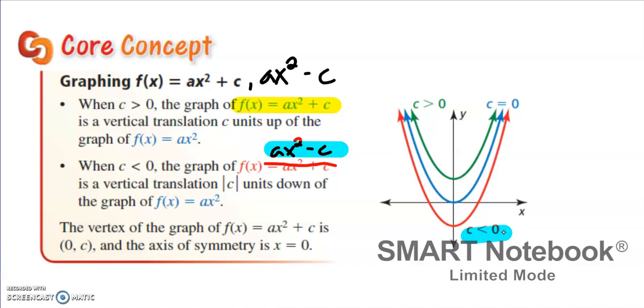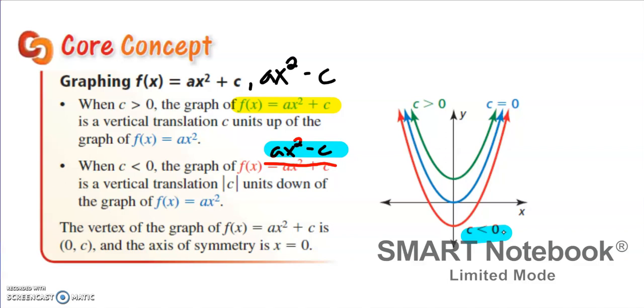All it is is a vertical shift down c amount of units. So we're comparing it to the quote-unquote mother function in the middle, the blue function. And the red graph is just the same exact graph except shifted c units down. The green is shifted c units up.